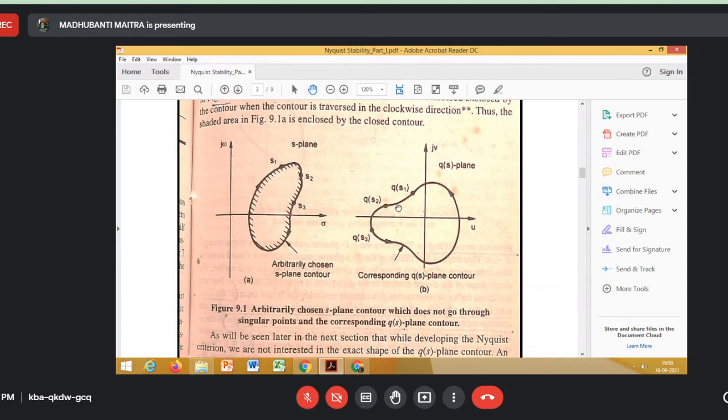But we are interested about the fact that whether this QS plane contour encircles, or in other words, encloses the origin of the QS plane or not. Right?